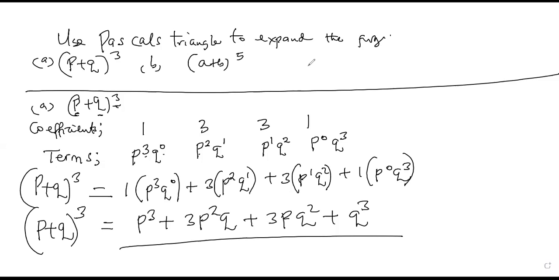we shall see how to use Pascal's triangle to expand part B. Let's go to part B. Maybe if one has not understood, you get it from part B. We have a plus b to the power 5.